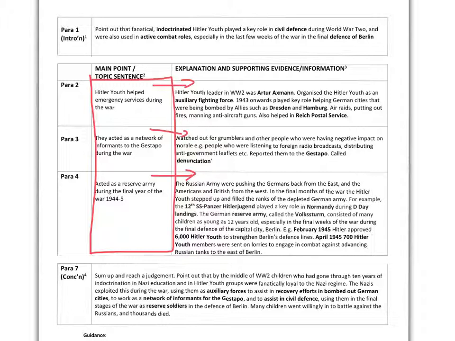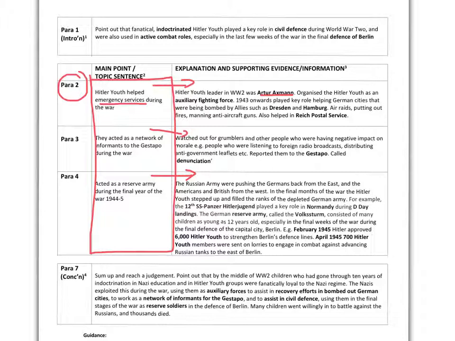The first main paragraph after your introduction: you really want to emphasise the fact that during World War II, back in Germany, children played a key part in emergency services. The Hitler Youth leader during World War II was a Nazi called Arthur Axmann.